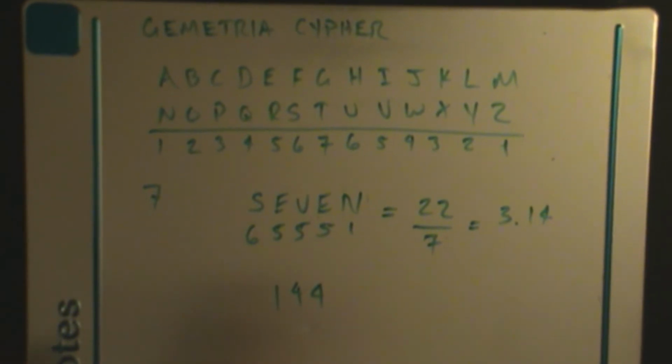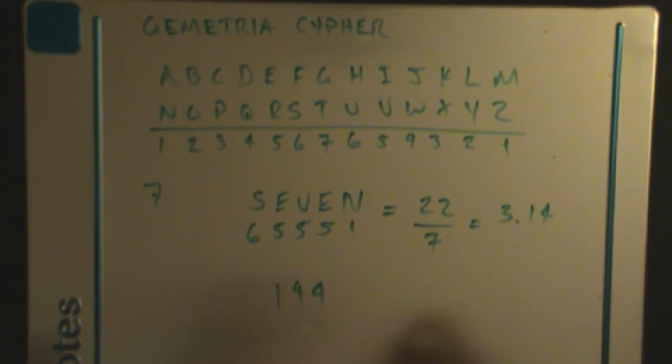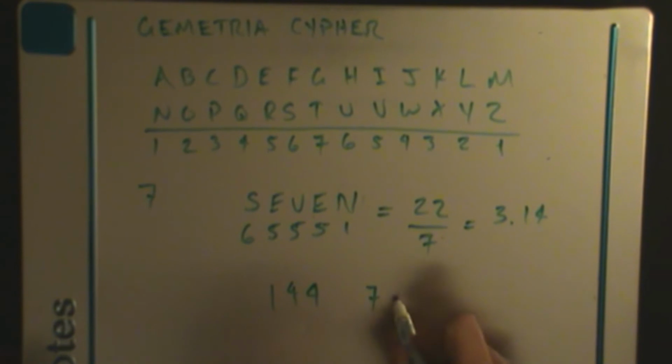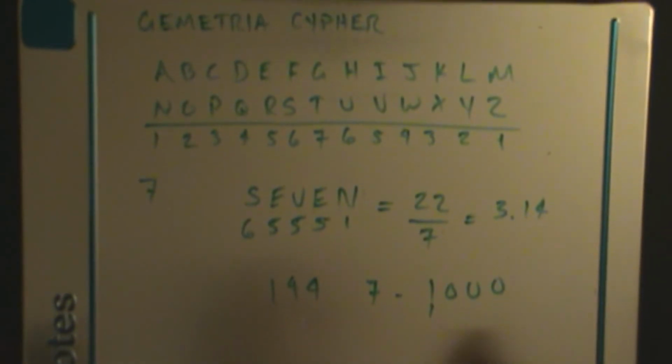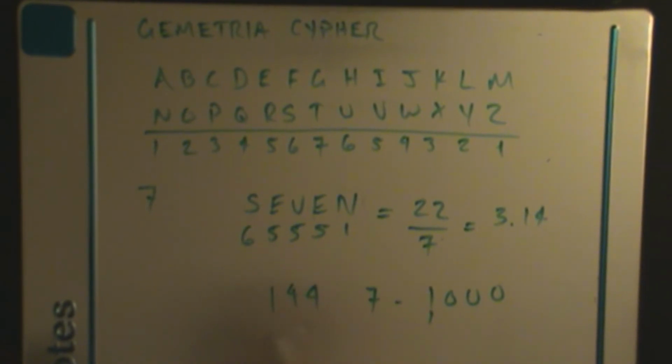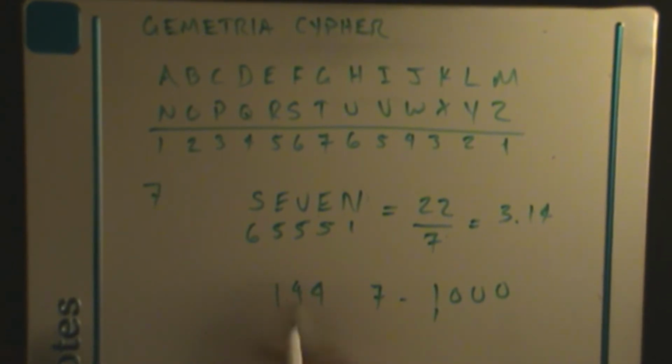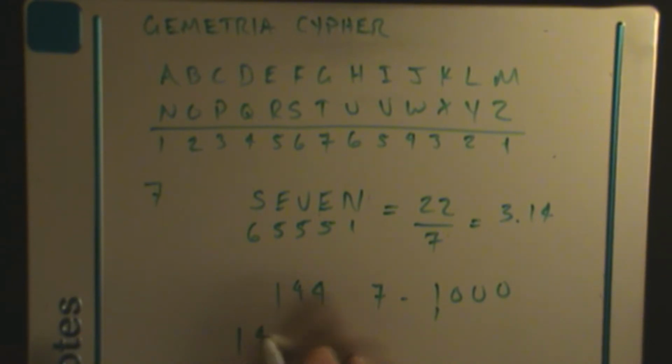144. And then the 7th chakra is called the 1,000 petaled lotus. So here, if you multiply the 144 times the 1,000, it's obvious that you get 144,000.